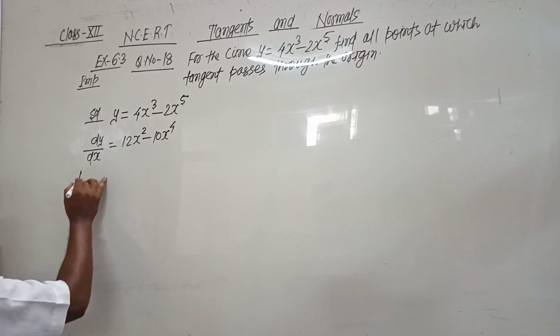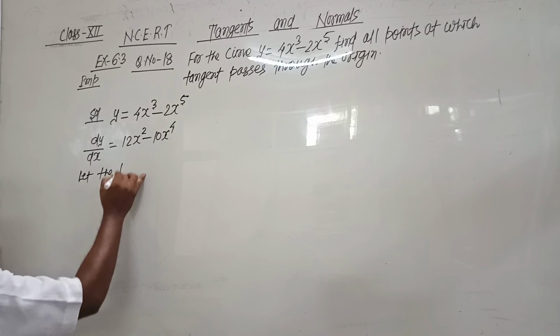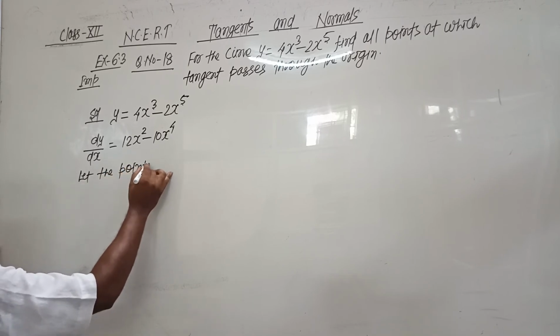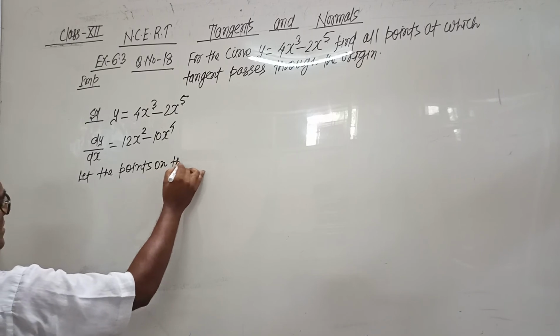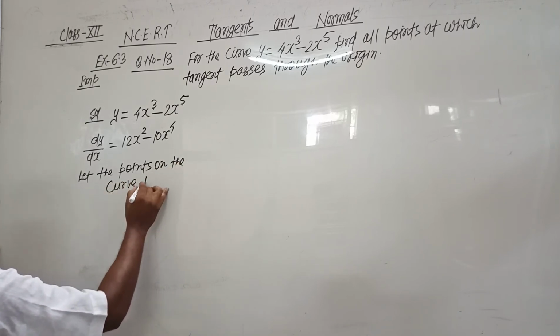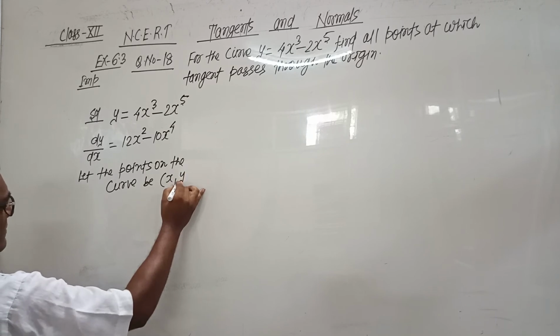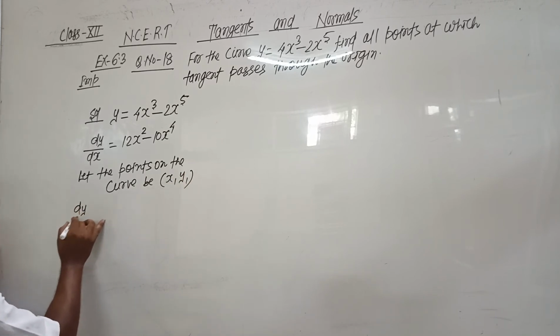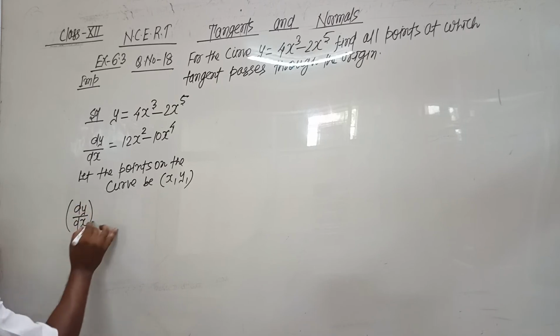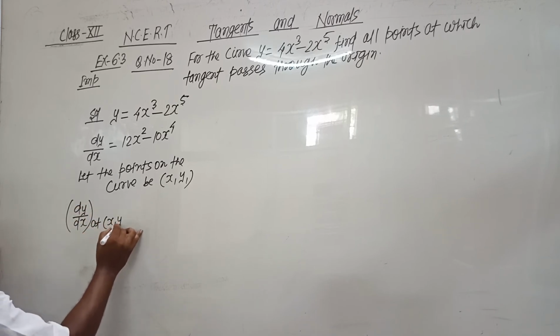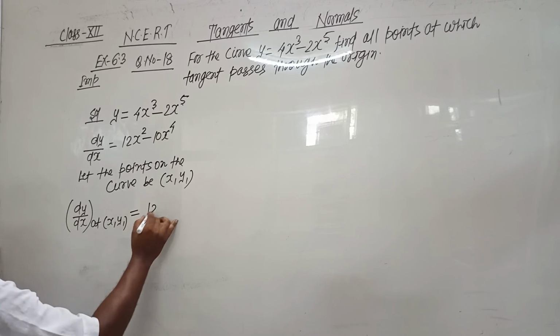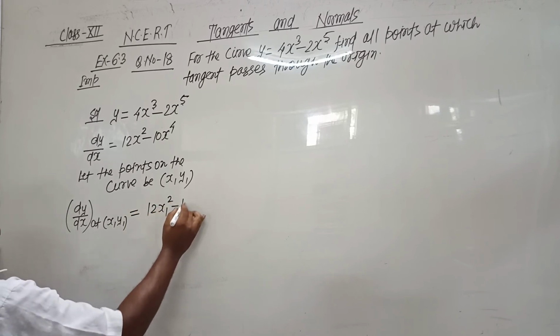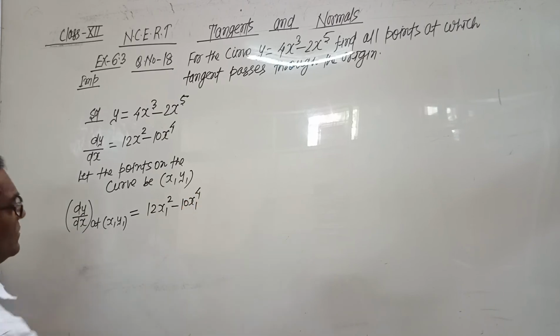So let the point on the curve be (x1, y1). So dy by dx at (x1, y1) is 12x1 square minus 10x1 raised to the power 4.